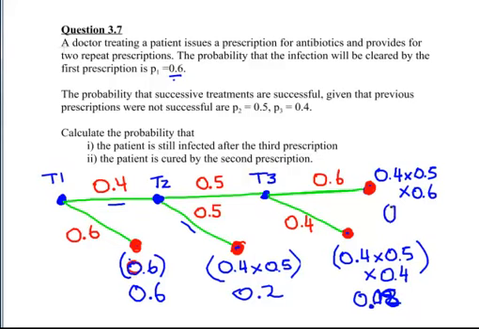And this one up here is 0.12. So that's all the possible answers. Still infected after the third prescription, 0.12. Cured by the second prescription, 0.2. Those are the two answers there.